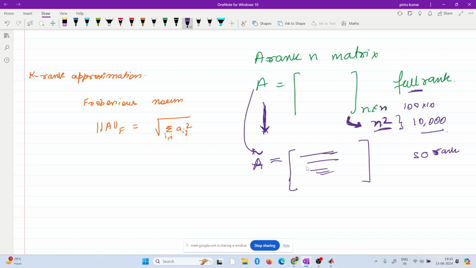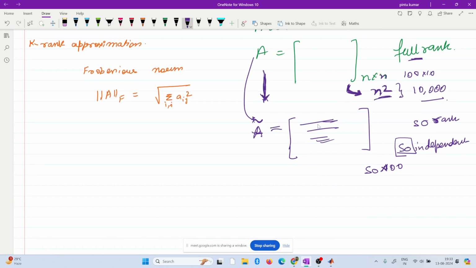Okay, so if you have only 50 independent rows, what you can do is note down those 50 independent rows that would be of, let's say, size 50 cross 100, because 100 is the length of the row, right? And you can write down the corresponding coefficients. So what I mean is, let's say the first 50 rows are independent.